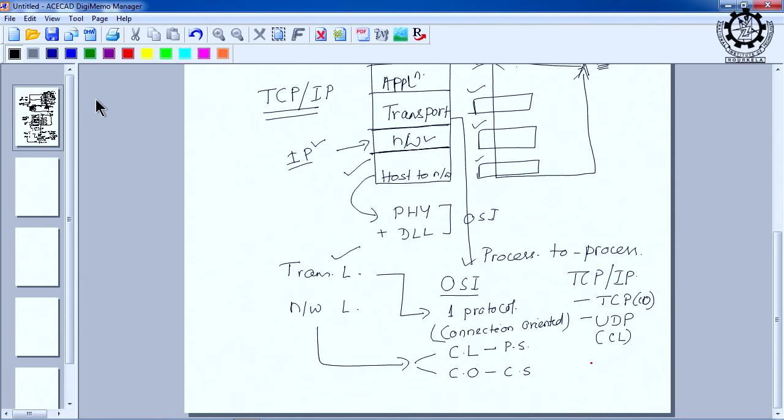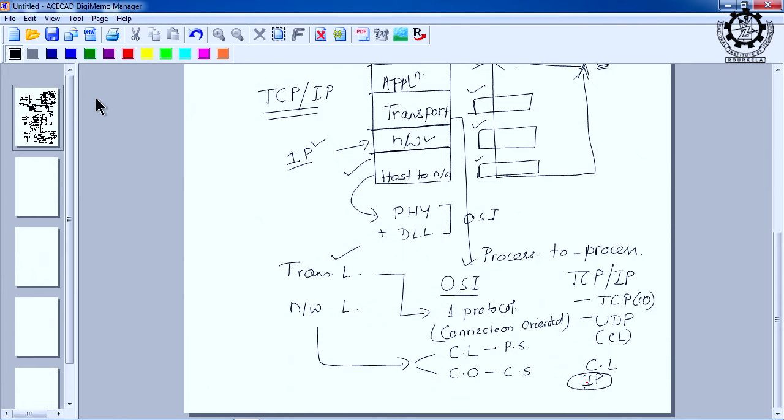It only supports a connection less protocol. IP, or internet protocol, is a connection less protocol. So, no connection oriented service is provided by TCP/IP in the network layer, whereas the network layer of the OSI reference model supports both connection less and connection oriented.